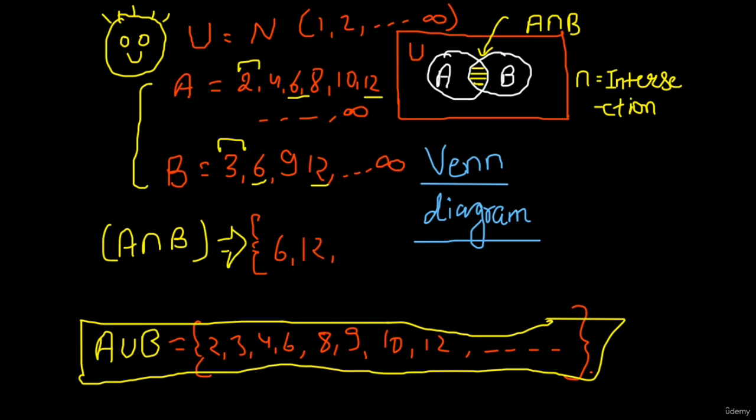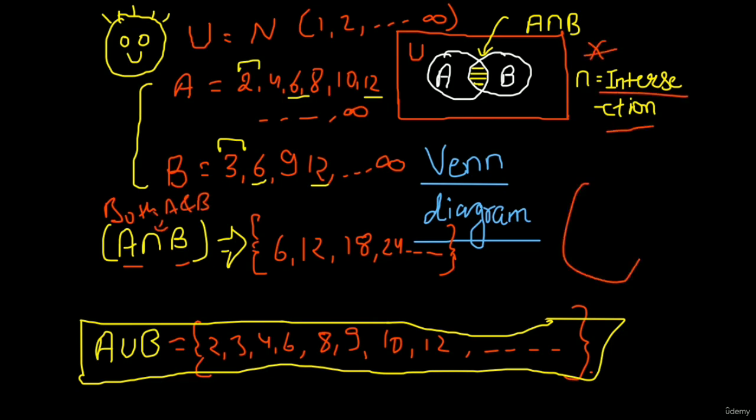It cannot be 14, it cannot be 16, it can be 18, because 18 is coming in both the numbers, right? Then 24. These kind of numbers which are coming in both A and B. Both A and B is called intersection. They intersect.